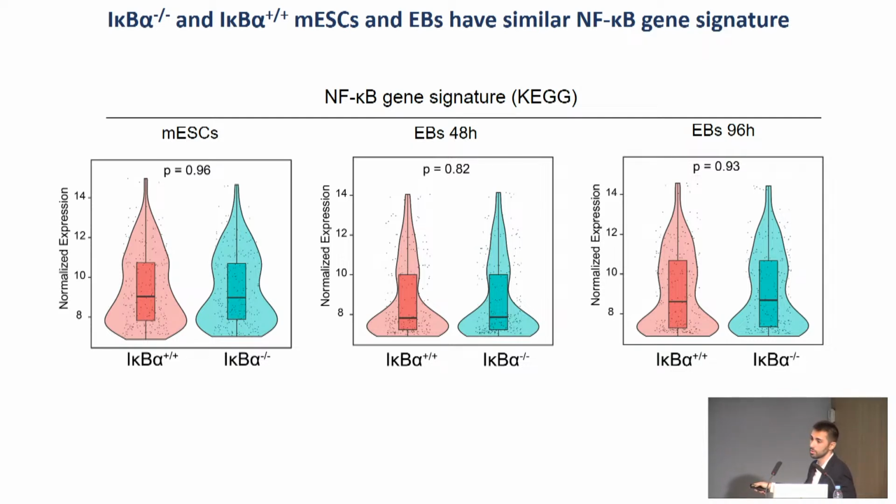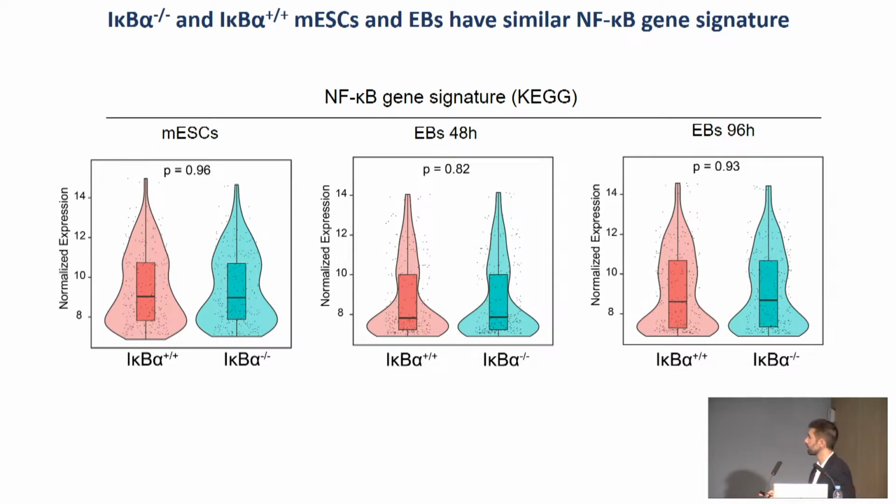As you can see here, in the mouse ES cell state the behavior of the gene signature was almost the same. And also, more interestingly, upon differentiation in the first stage of the embryoid bodies, the behavior was also the same between both genotypes, demonstrating that the lack of IκBα, at least in this early stage of differentiation and in pluripotency, is not affecting at all the behavior of the NF-κB pathway.